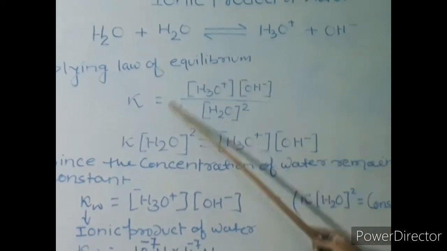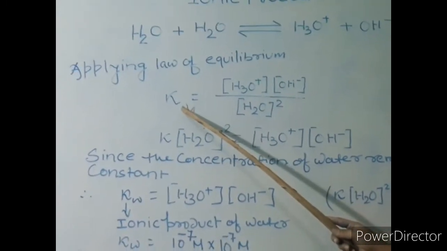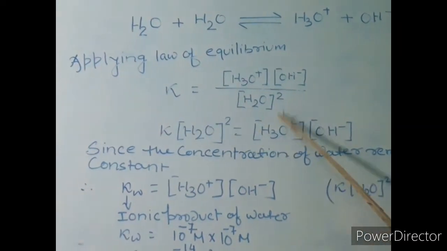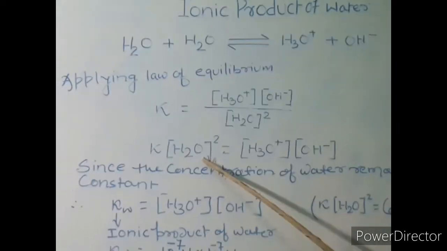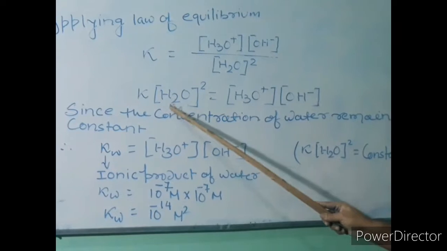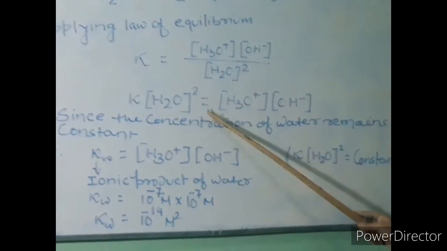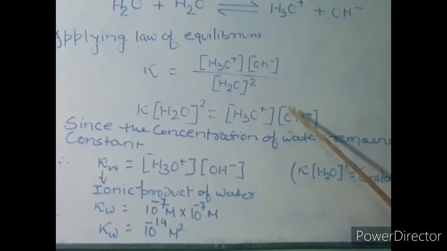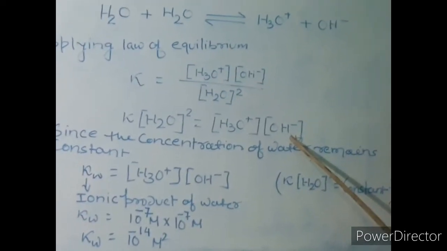The ratio of these values gives the value of the equilibrium constant. Now bring this H2O to this side. K times the concentration of H2O raised to the power 2 equals the concentration of hydronium ion into the concentration of hydroxide ion.